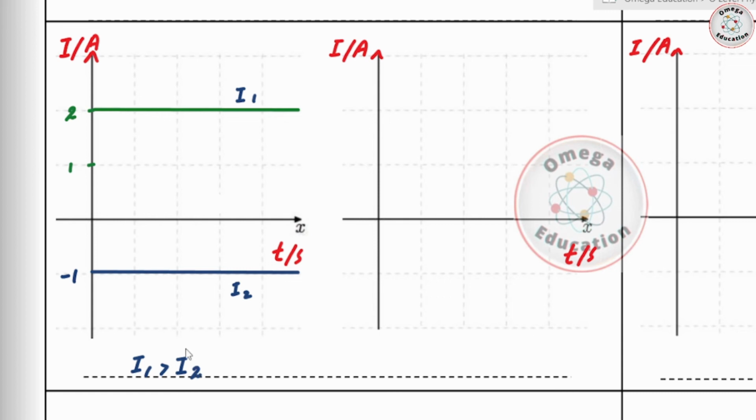Now the other thing is, it must be kept in mind that the direction of direct current does not change, but the magnitude can change. What do we mean by that? For example, we have a current that looks something like this. All right.